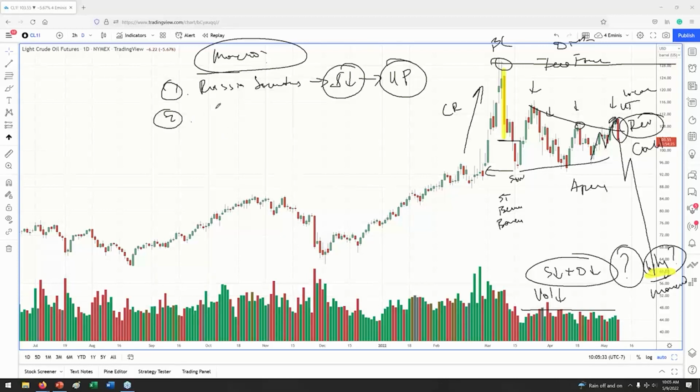But the counterpoint to this is this. Again, Russia sanctions from the side of the coalition.